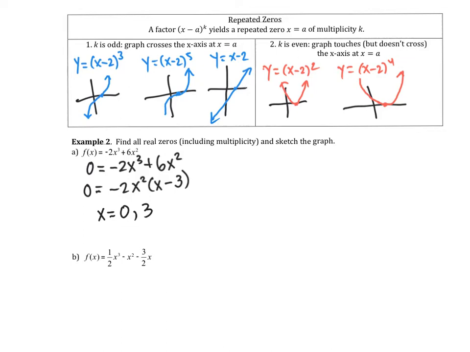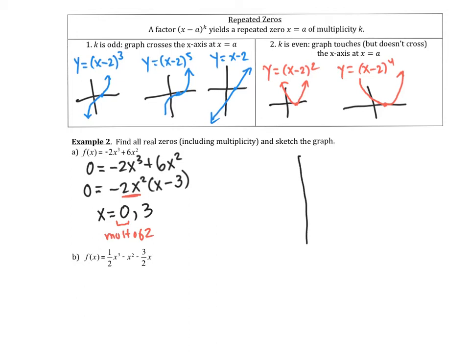But because the 0 came from this term here, from x squared, this 0 actually has a multiplicity of 2. So when you list them, you might want to list 0, 0, 3, or you can say that 0 has a multiplicity of 2, and the other 0 is 3. This was degree 3, so I was expecting to get 3 real zeros, which I did.